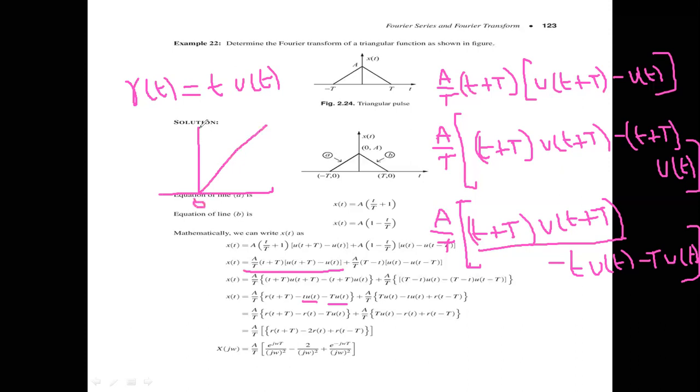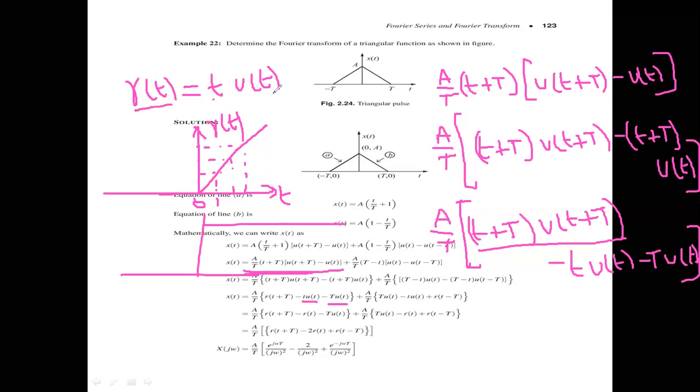At t is equal to 0, r of t is also 0. Okay, at 1, the r of t is also 1. And at 2, r of t is also 2. And at 3, the r of t is also 3. Why is it multiplied with the mu of t? Because we are taking the values only from 0 to infinity. We are not taking the values from minus infinity to 0. So it is multiplied with the step function.